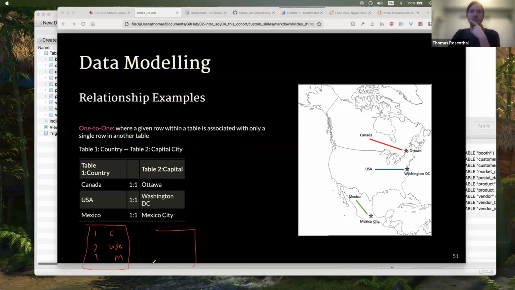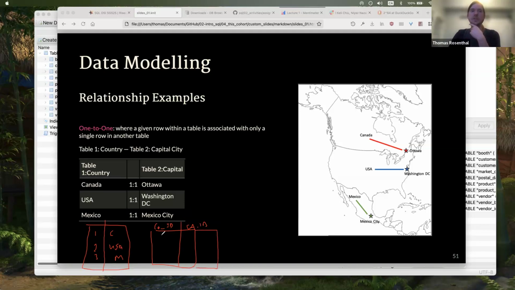When we have our capitals table, we have to have something that will link them, right? So we have a country ID, CO ID. We also need a capital ID, CA ID, and then the capital.